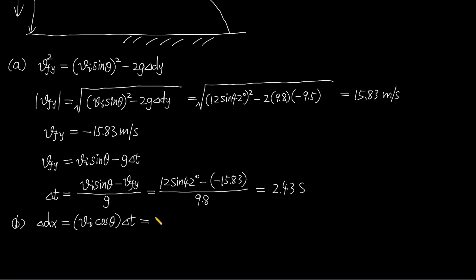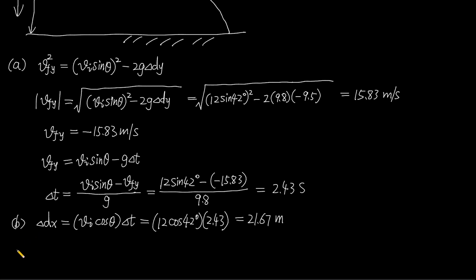This equals 12 multiplied by cosine 42 degrees multiplied by the time interval 2.43. Now this equals 21.67 meters. So the width of the moat is 21.67 meters.